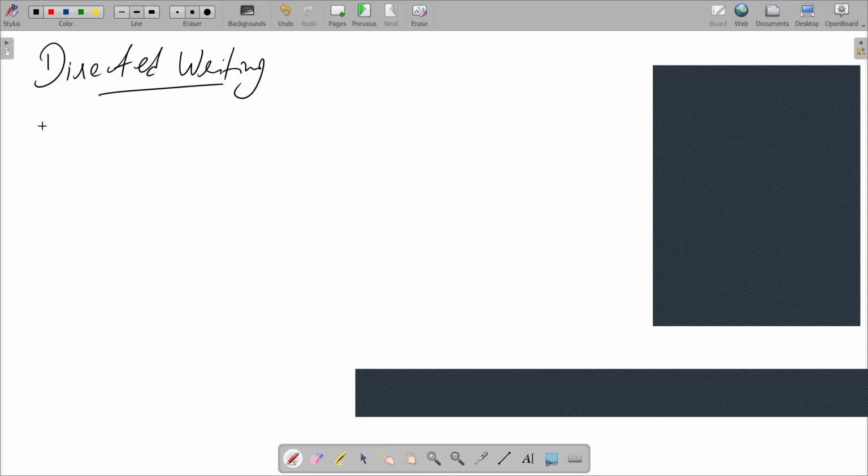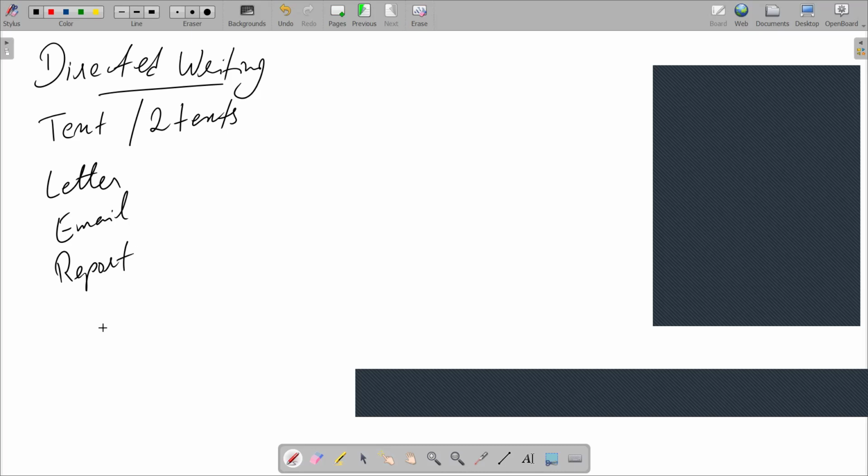What you'll be given is a text or two, short texts, on a certain topic, and then you'll be asked to write either a letter or an email or a report or an article or a speech based on the information given in the text.